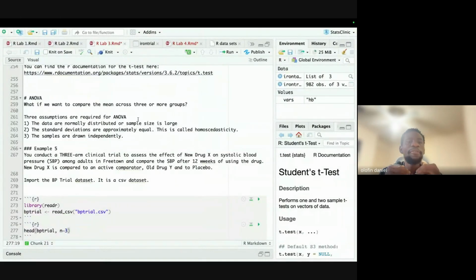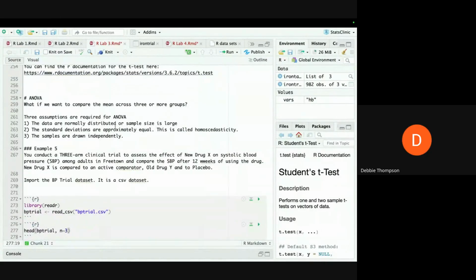If you have normally distributed data, you will notice that the mean, the median, and the mode will be approximately equal to each other. We've talked about that in previous classes. But for ANOVA to hold, for one sample test to hold, for independent sample test and paired sample test to hold, your data must be normally distributed.